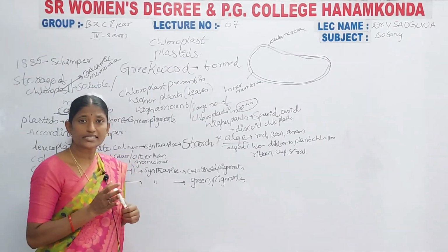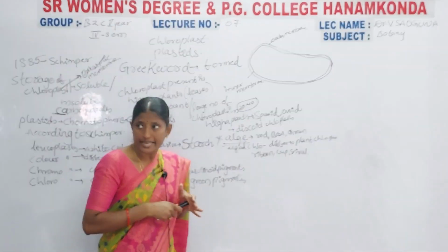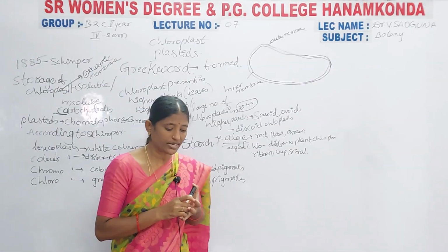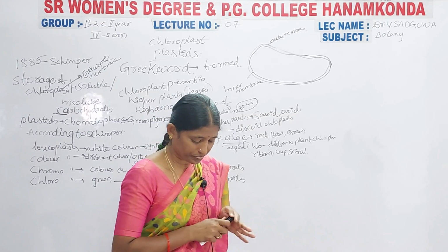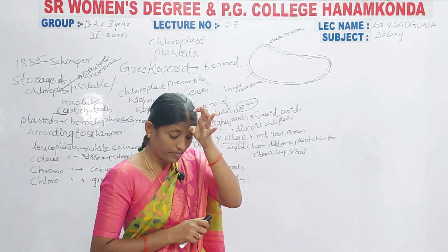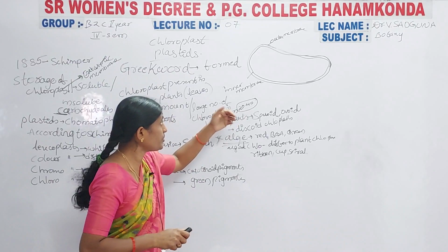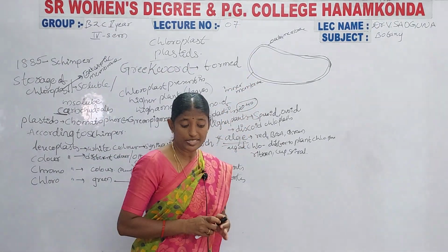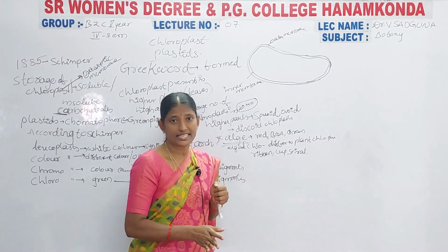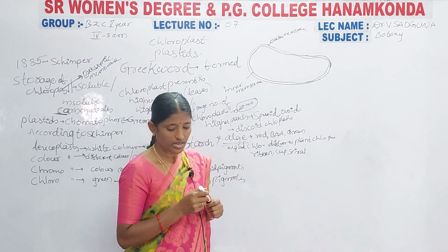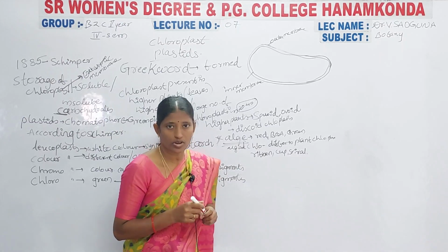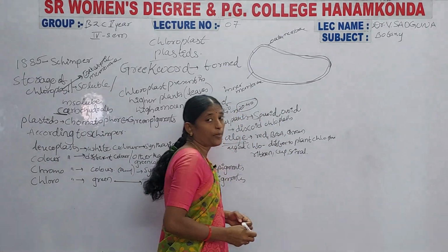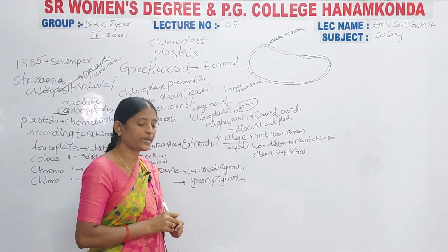So it consists of two layers, the outer layer and the inner layer. The space in between the two layers is called the periplastidial space.